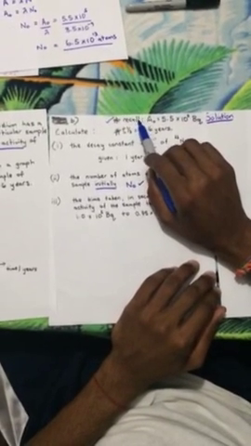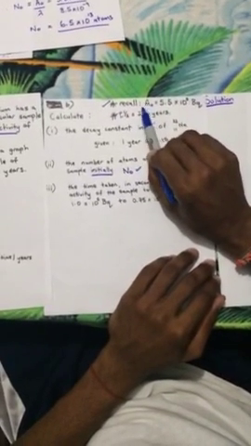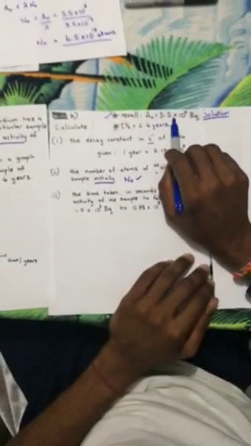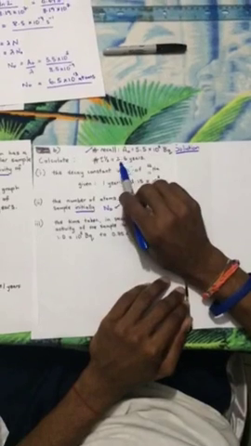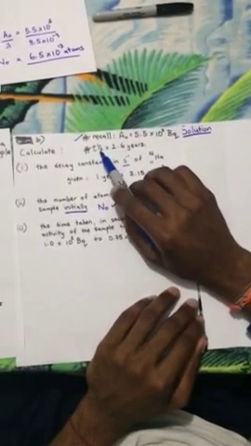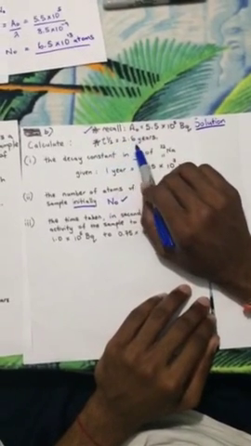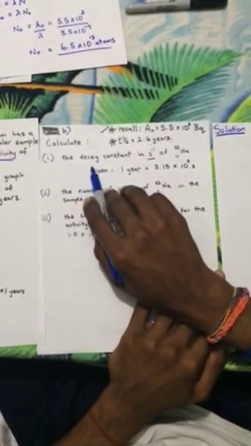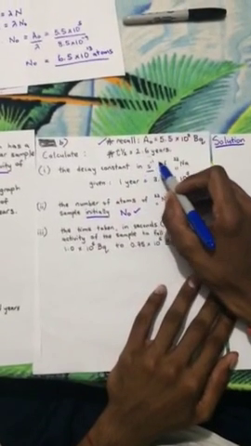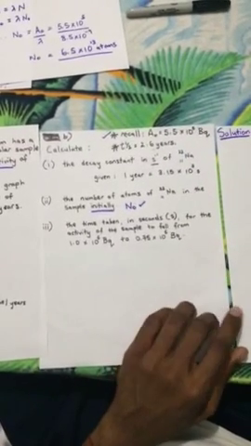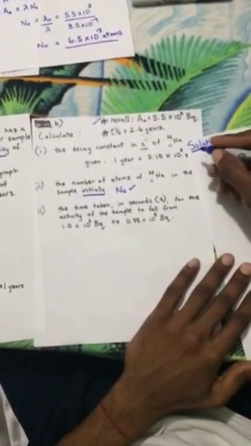Pay attention to the initial activity given in the first part of the question as 5.5 times 10 to the 5 becquerels, and our half-life of the sodium sample was 2.6 years. So now they're asking us to calculate the decay constant in per second, or disintegrations per second, of the sodium-22 sample.